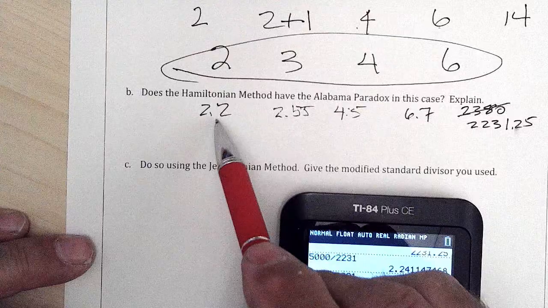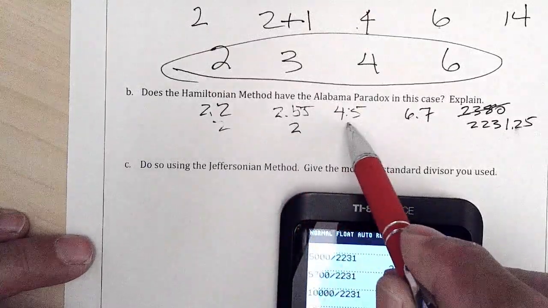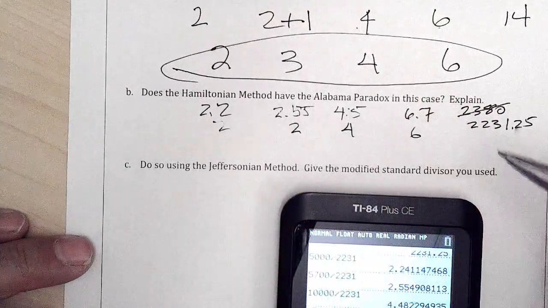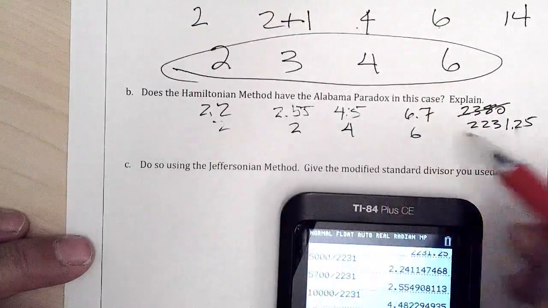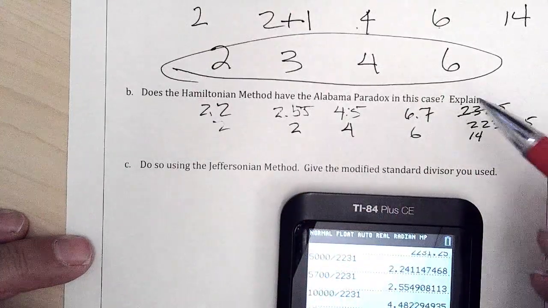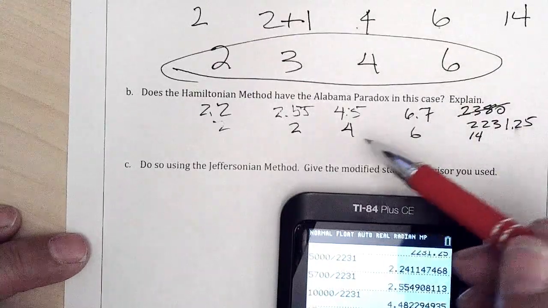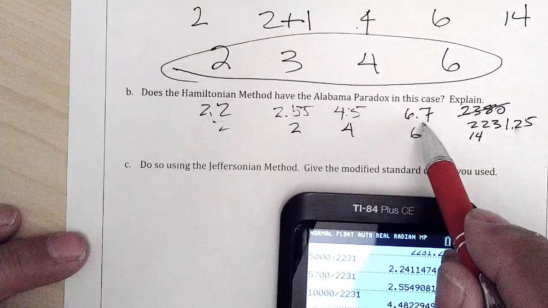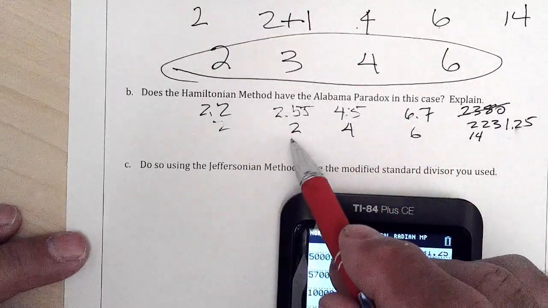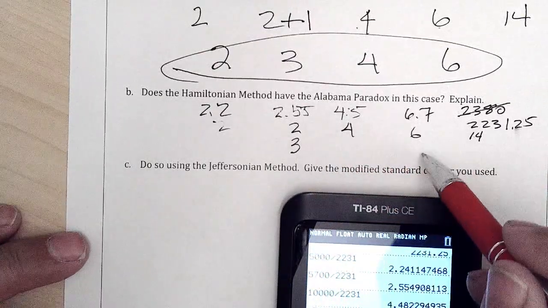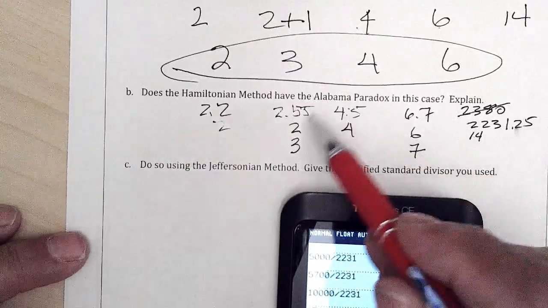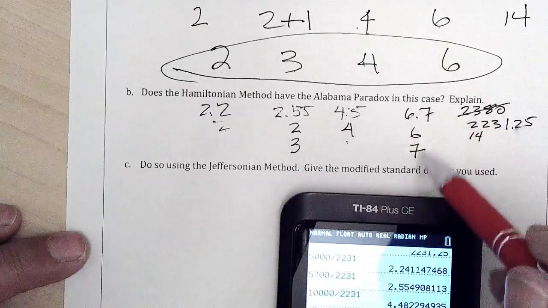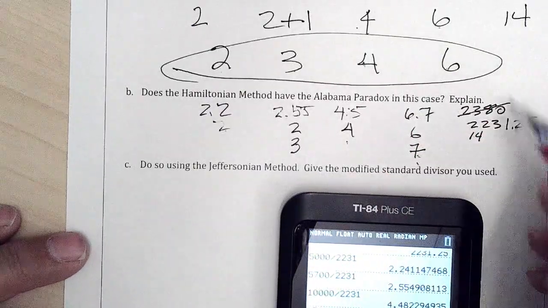So that's still 2, 2, 4, 6, and that makes a total of 14, but I'm trying to do 16, so I have to add 2. And so the highest ones would be here and here, and since nobody lost anyone, this is the one that gets the extra.